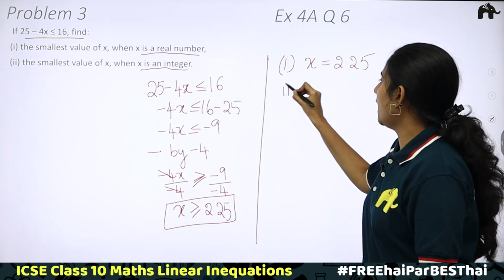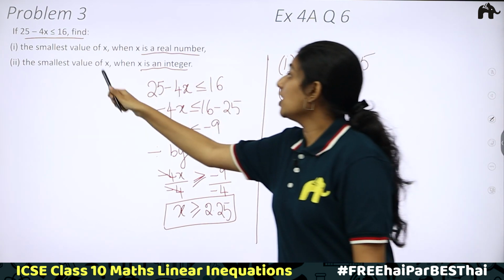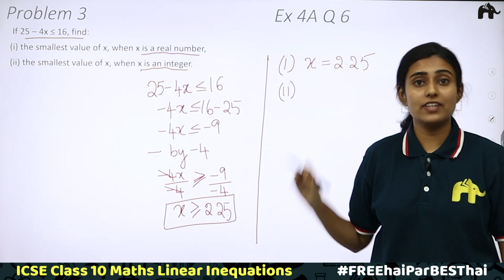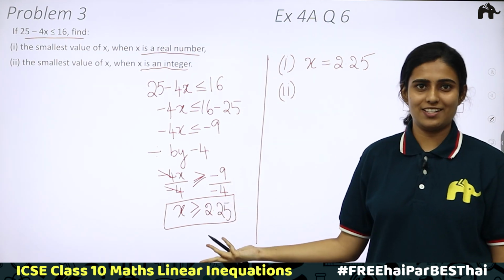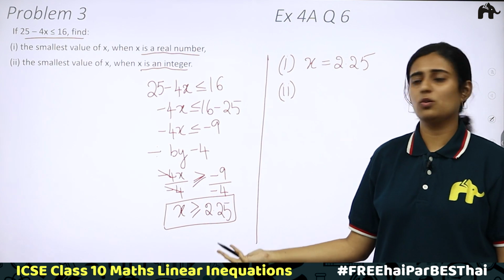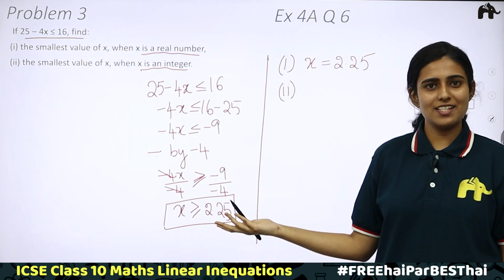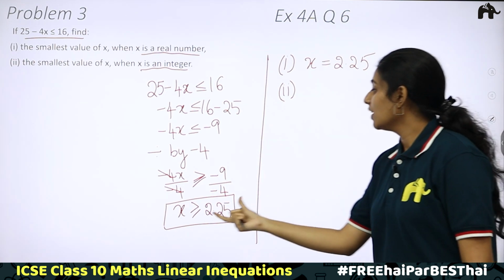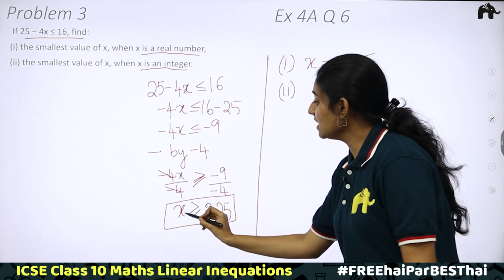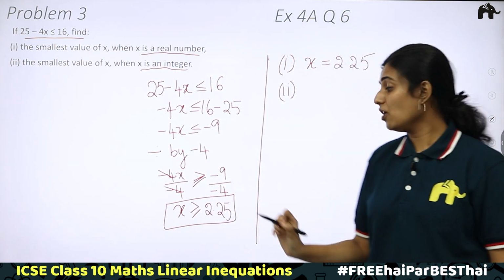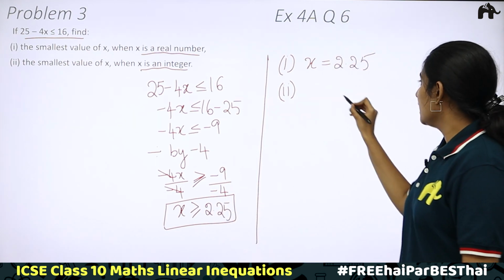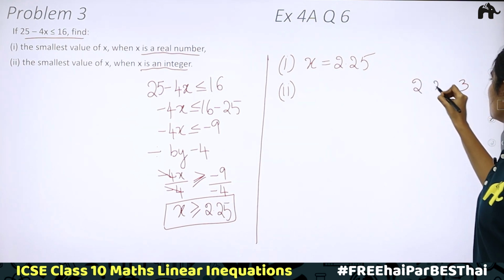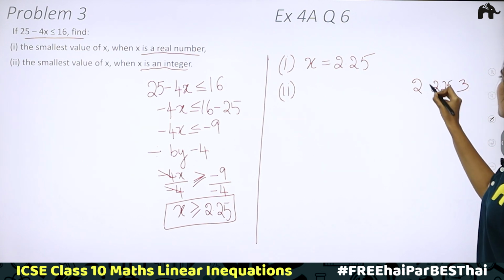Okay. The second part. The smallest value of x when x is an integer. Now, it comes to the case of integers. 2.25 is not an integer. Is it an integer? No. Then which is the closest integer? 2.25 lies between 2 and 3. Now the condition is x should be greater than or equal to 2.25.